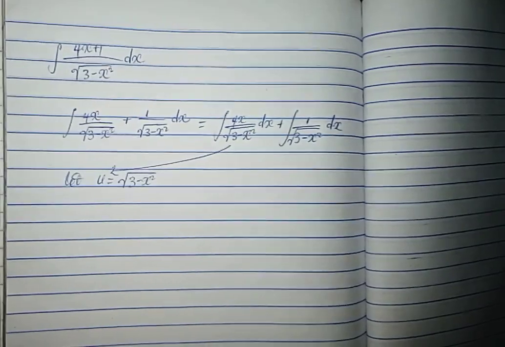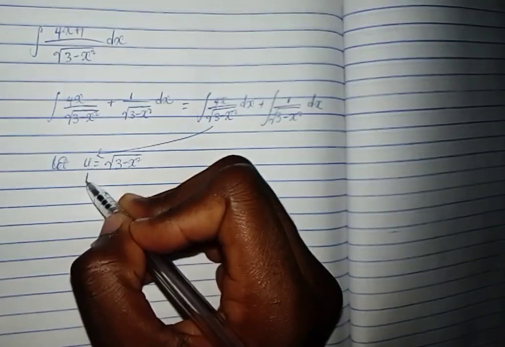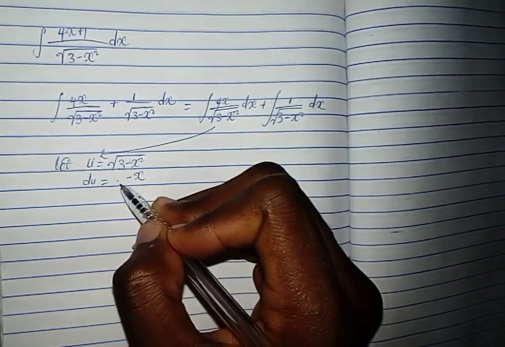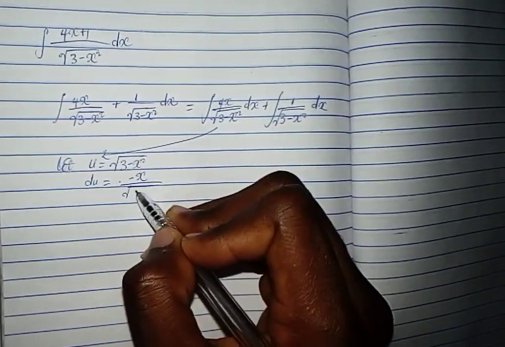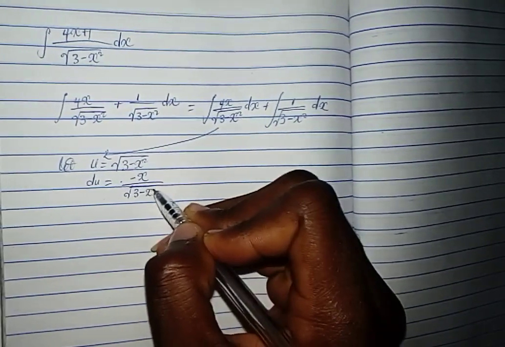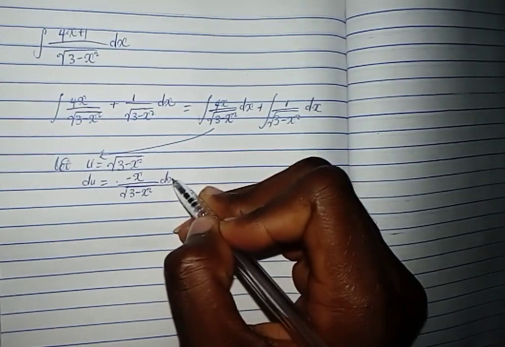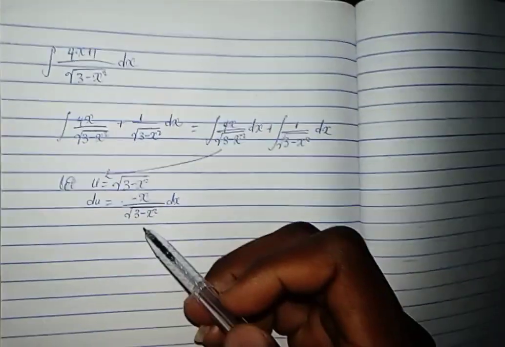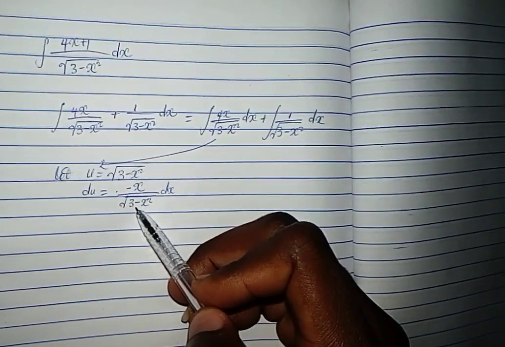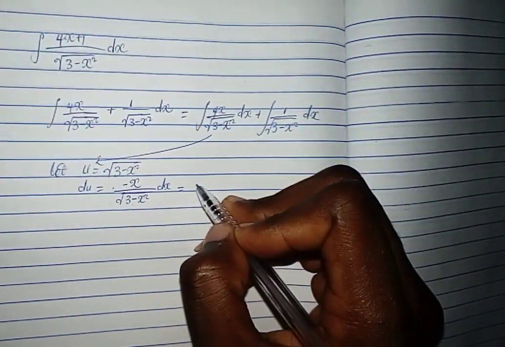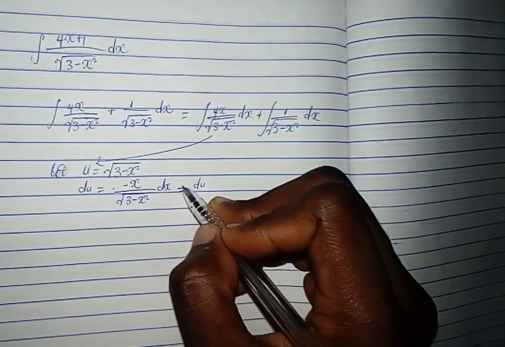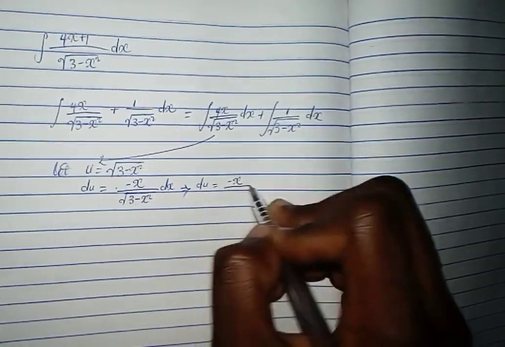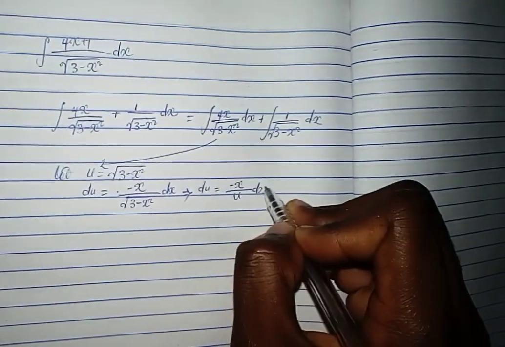After solving, you should have du equals negative x over the square root of 3 minus x squared, then your dx. Remember, u is equal to the square root of 3 minus x squared, and that is the same thing here. So we can say this is equal to du. This implies du is equal to negative x over u dx.